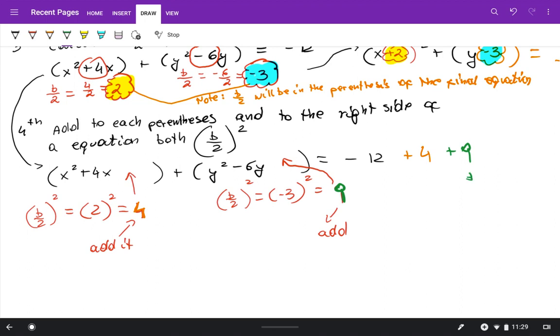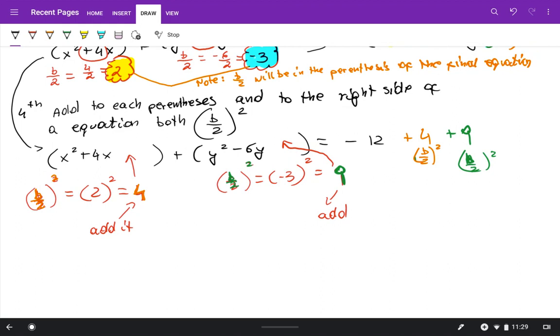That was b over 2 squared from the second group, and in orange it's going to be b over 2 squared from the first parenthesis. So we need to add them to the right side.